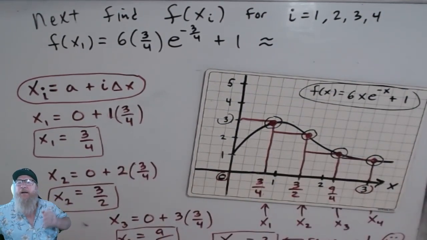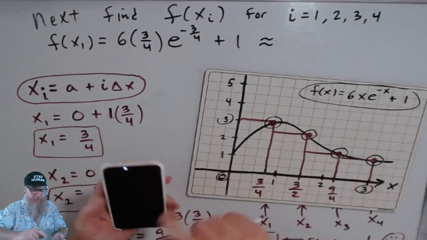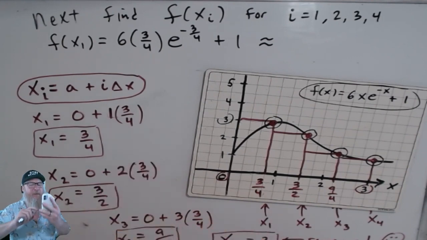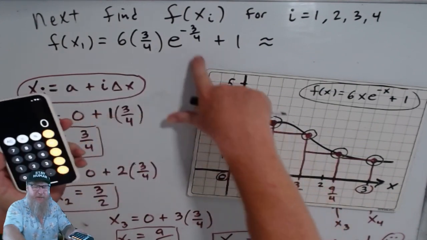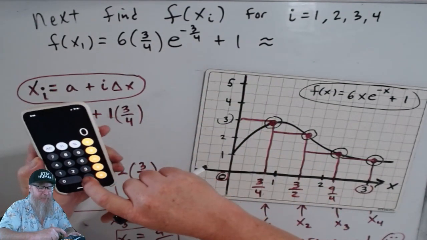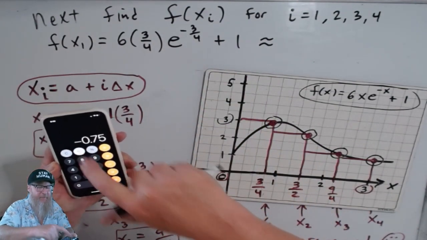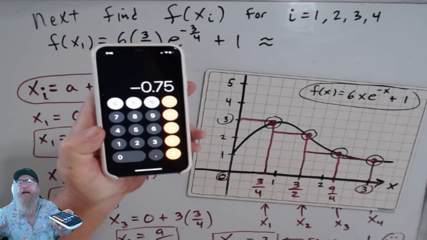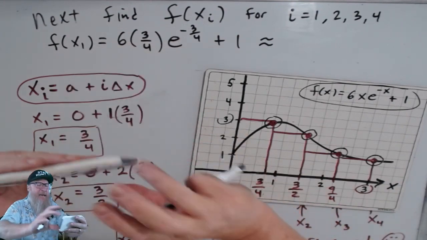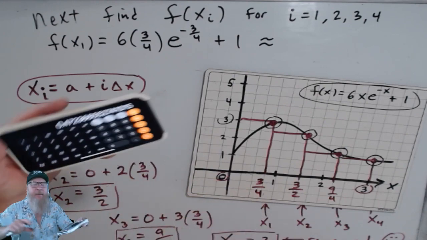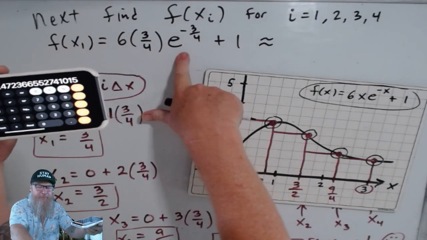You've got several ways to do this. Let's do the phone calculator. So first, let's do the e. So we've got 3/4. I'm just going to write that as negative 0.75. Or I could have divided 3 divided by 4. And then e. So that's the e part.